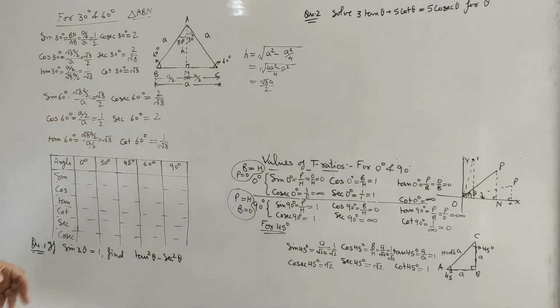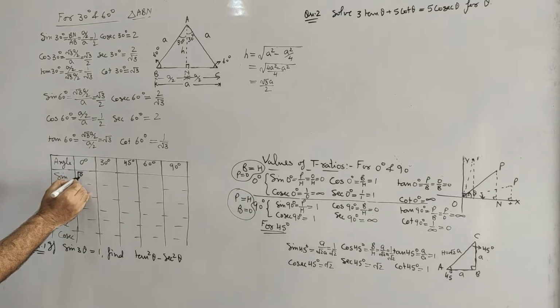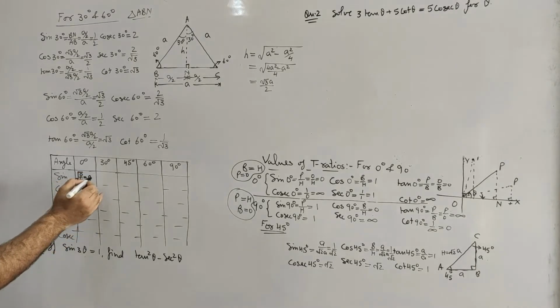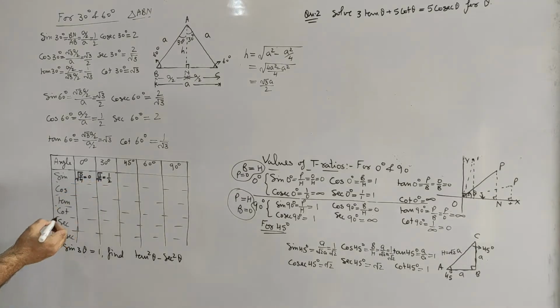From these values of T ratios we can prepare a table. Sine 0 degree can be written as root 0 by 4, that is 0. 30 degree, root 1 by 4, that is 1 by 2.